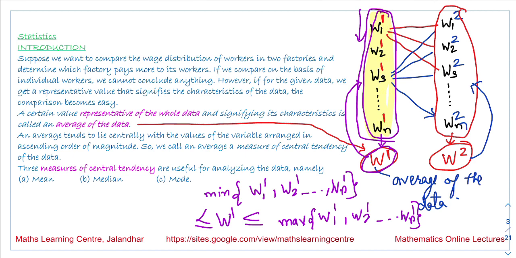The average that we have assigned to it is called the measure of central tendency of the data. Now we have three kinds of measure of central tendency.